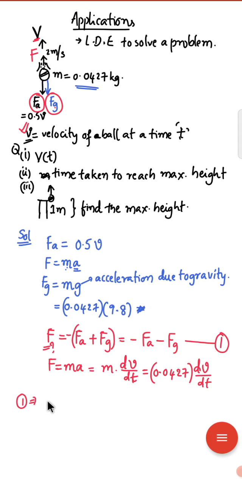So it becomes 0.0427 dv by dt is equals to ma.